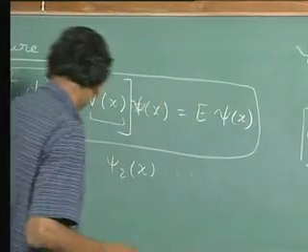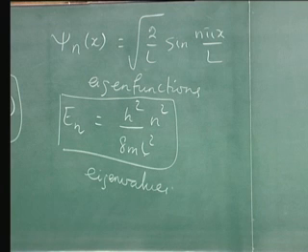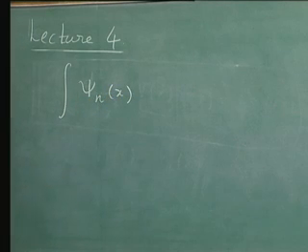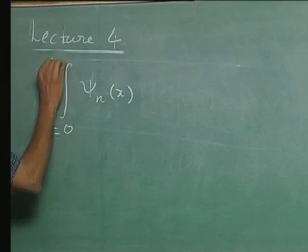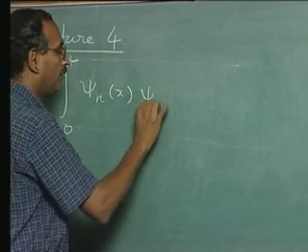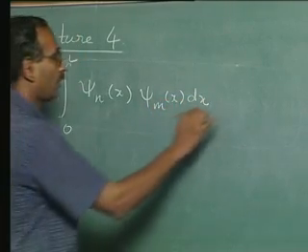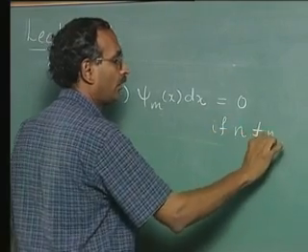The definition of orthogonality in this case is that the integral of psi n of x, which is an eigenfunction of the Hamiltonian for a particle in a box, with limits x equal to 0 to x equal to L, times psi m of x dx, is 0 if n is not equal to m.